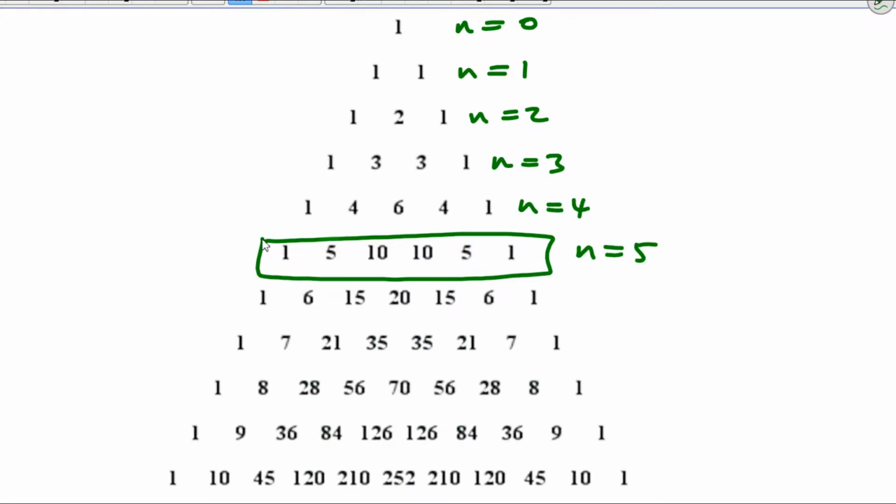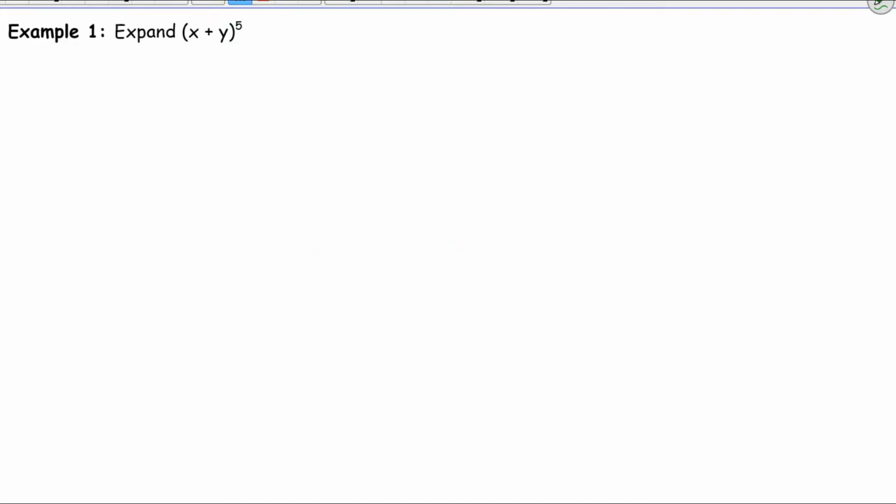So these are the coefficients that we need, which are 1, 5, 10, 10, 5, 1. And you can actually produce this triangle without using a calculator. So our coefficients are 1, 5, 10, 10, 5, 1.